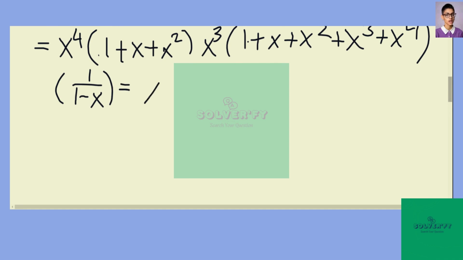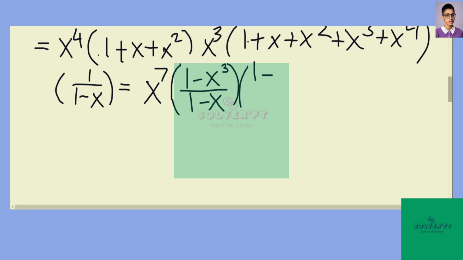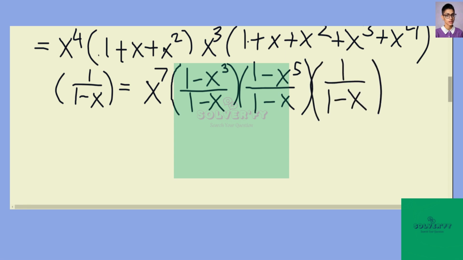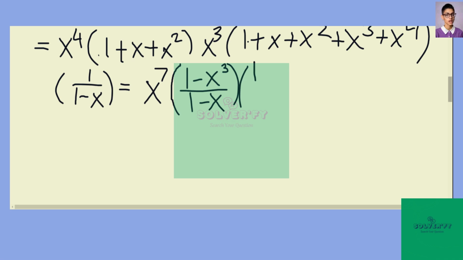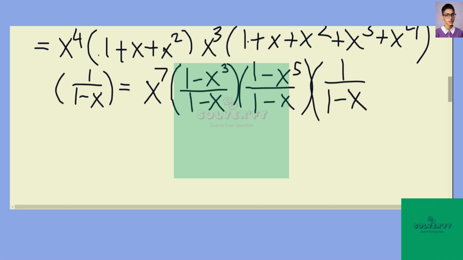This simplifies to x to the 7th times, excuse me, this is going to be 1 minus x cubed over 1 minus x times 1 minus x to the 5th over 1 minus x times 1 over 1 minus x.